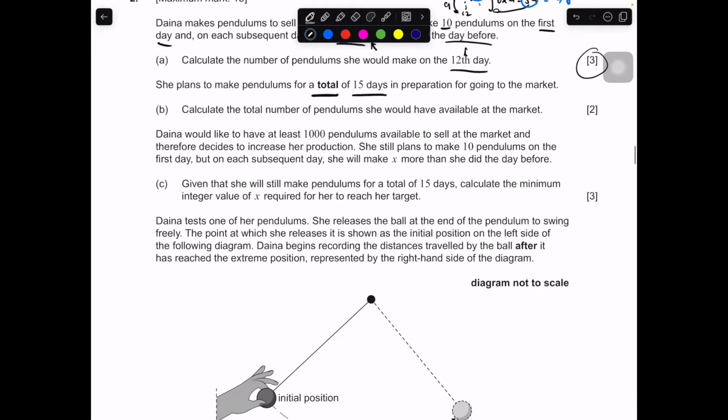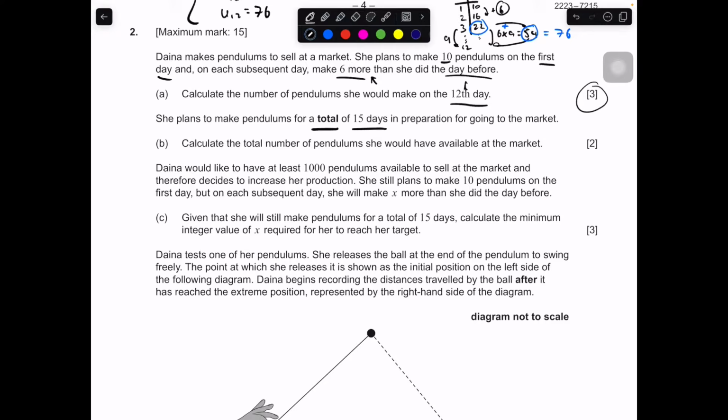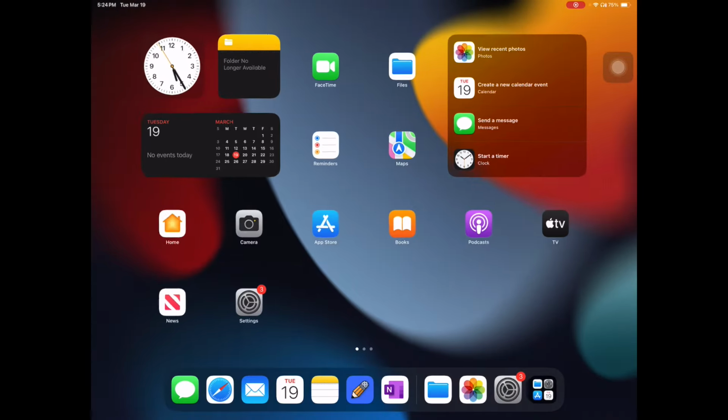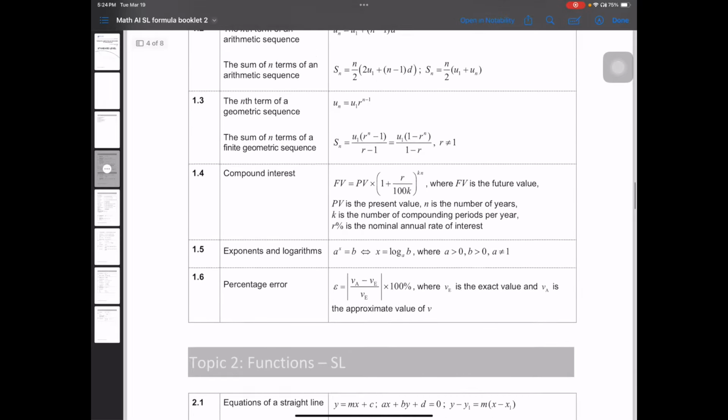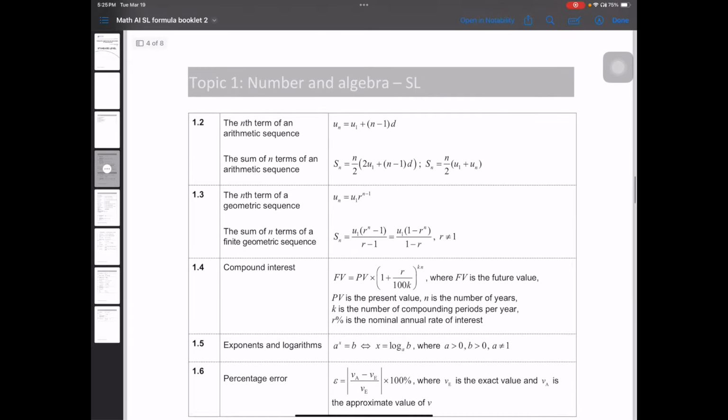All right, so this is a sum of a sequence, which we actually call a series. It's actually not too bad of a formula, I guess. Let's go and look at the formula booklet. Here we go. This is in our functions, number and algebra, 1.2, the sum of n terms of an arithmetic sequence, right at the top. We have the sum of n terms is n over 2, 2u1 plus n minus 1 d.